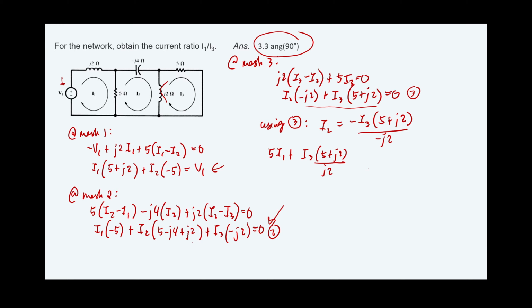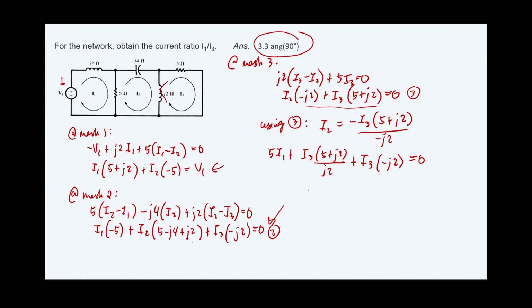We cancel out the negative signs, and plus I3 and negative J2. I hope this will work. Okay, so we're down with I1 and I3, and the same process as before.